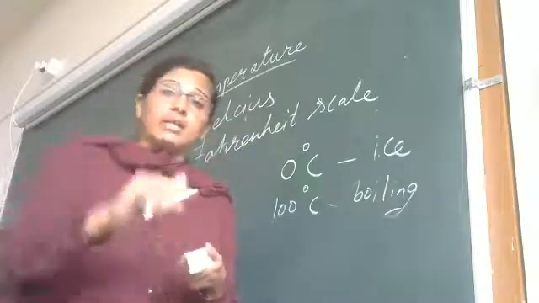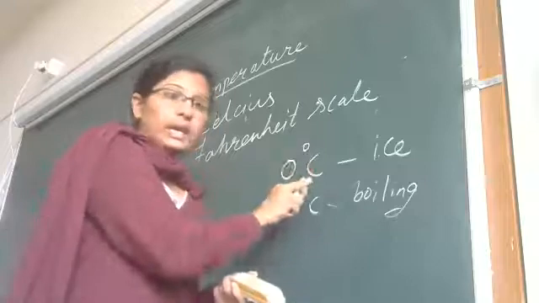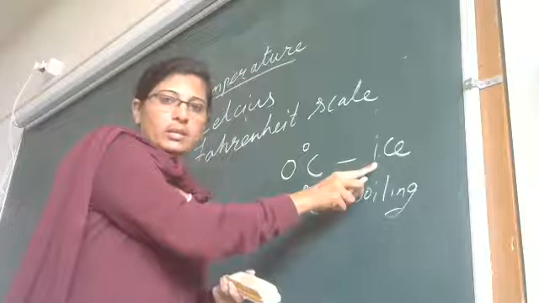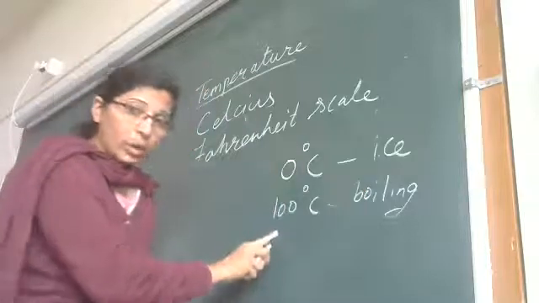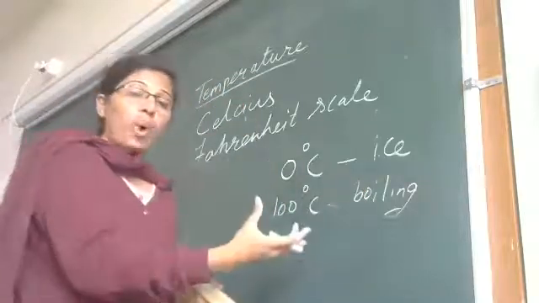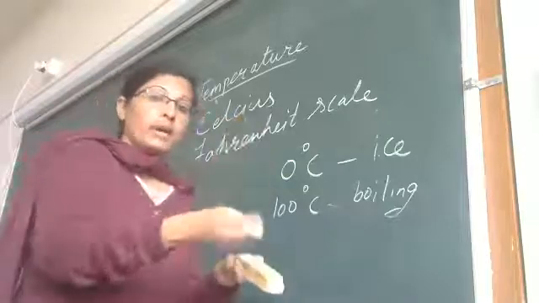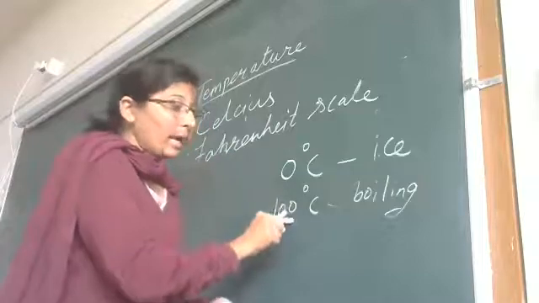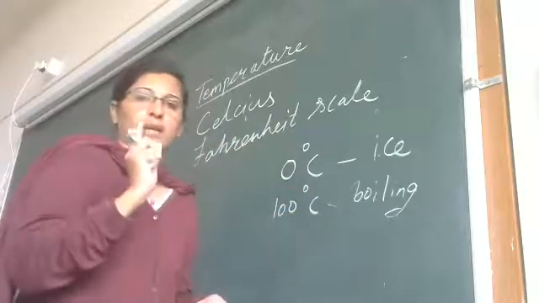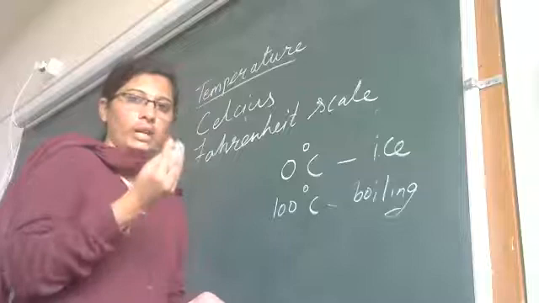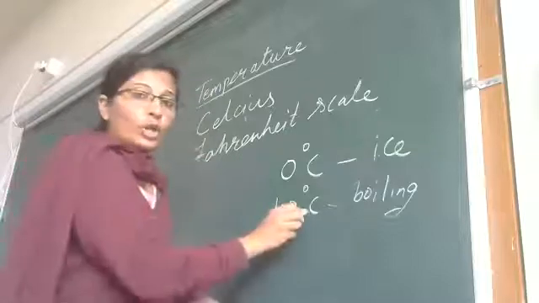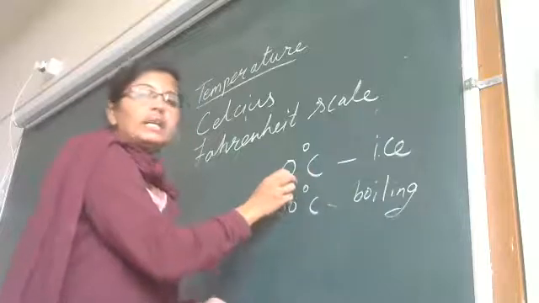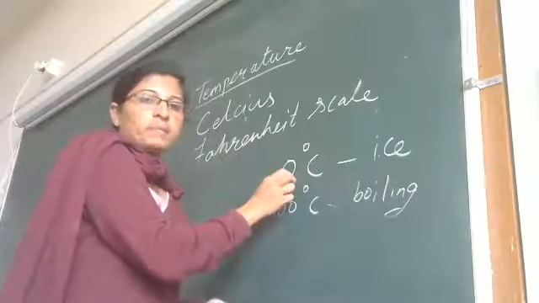After that, its temperature decreases, and when it becomes 0 degree, the water changes to ice. Like that only, when you keep normal water on a gas stove, its temperature increases, and when it becomes 100 degrees, that time only water starts boiling. Before that, it will not start boiling. So the boiling point of water is 100 degrees Celsius, and the freezing point is 0 degree Celsius.